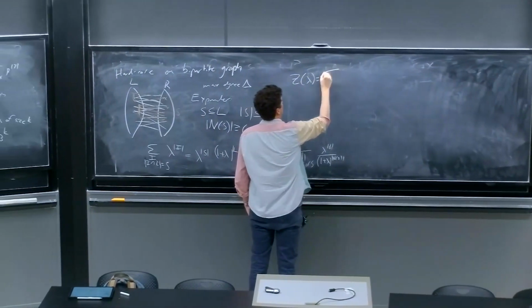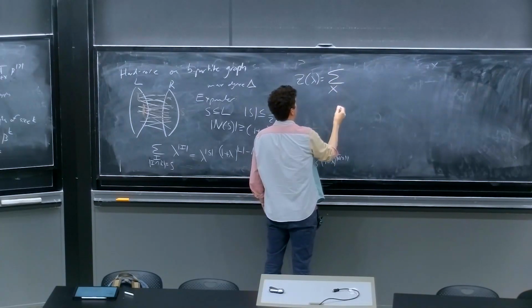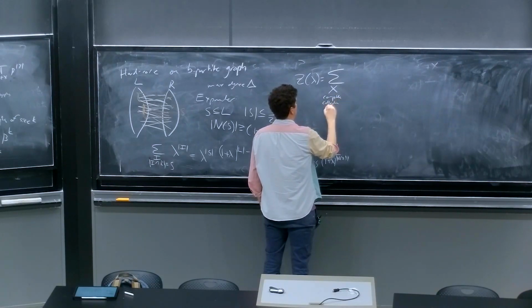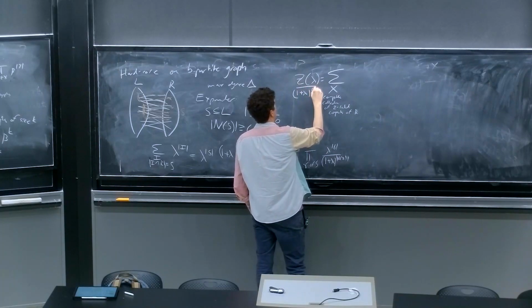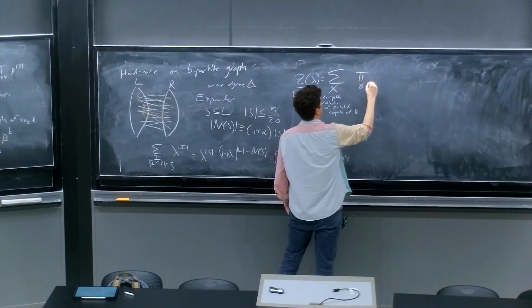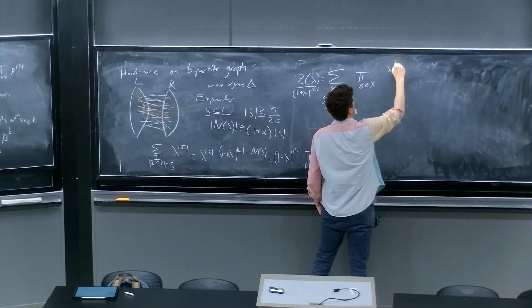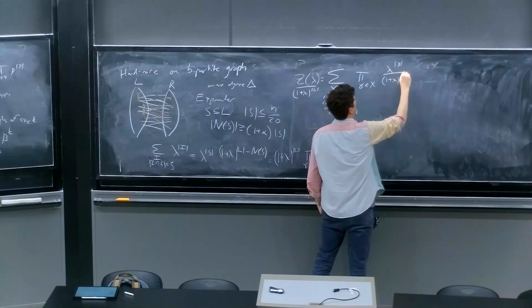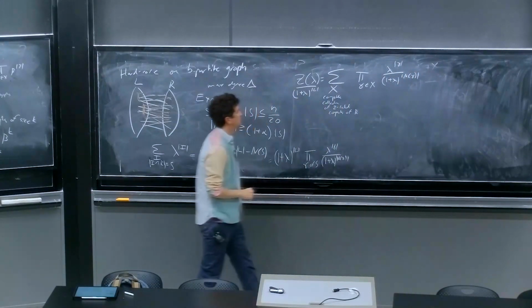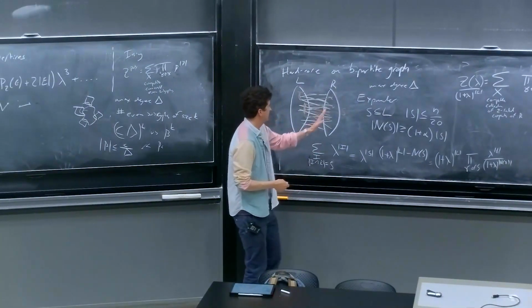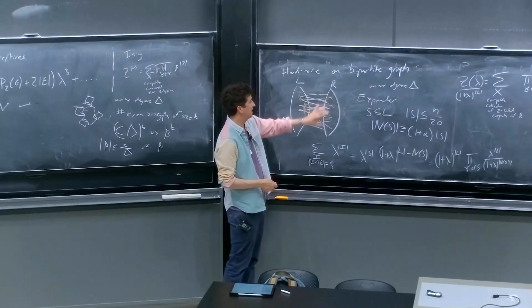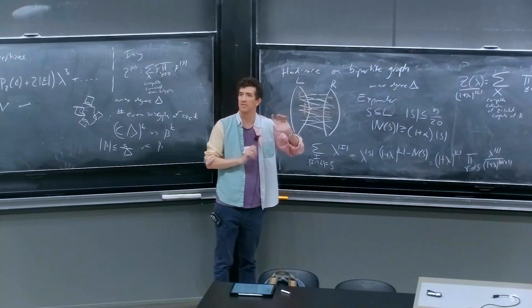Z of lambda is the sum over all X, compatible collections of two-linked components of R, with the 1 plus lambda to the L down here, product over gamma in X. So this is an identity for the partition function, but I've written it in terms of what I think of as defects from the nice pure all-left independent set.